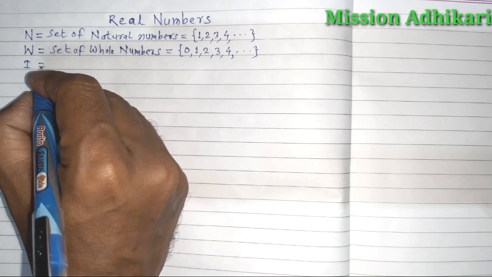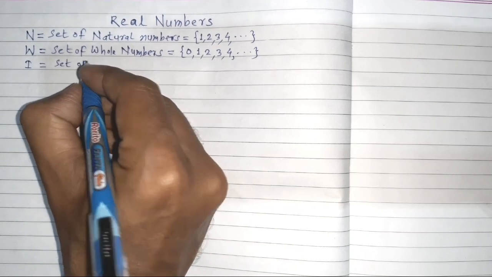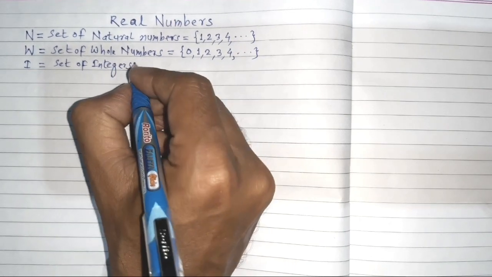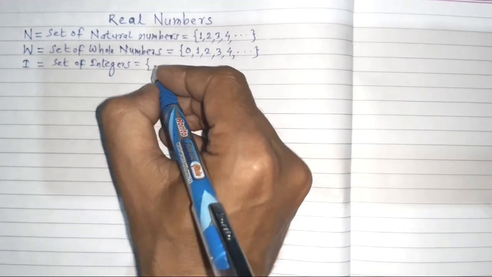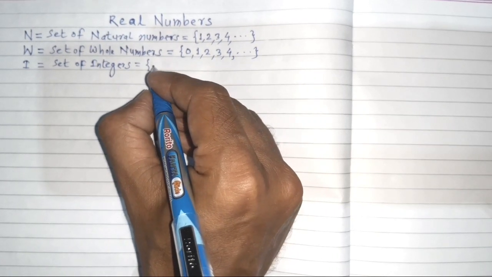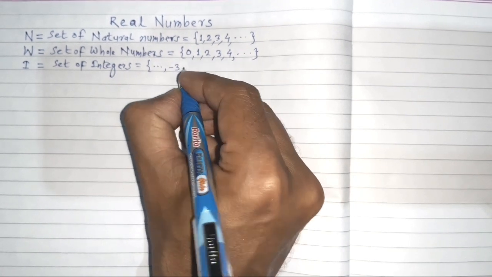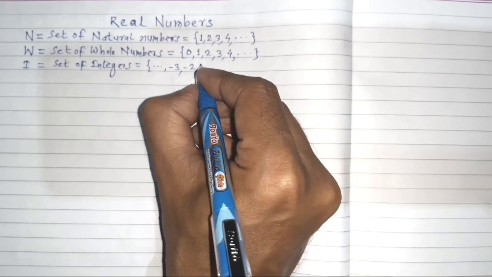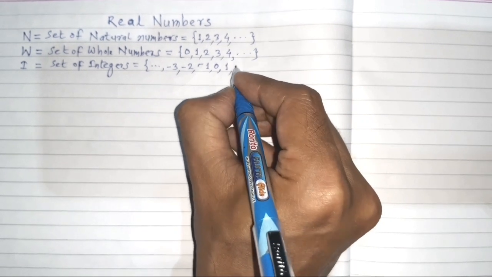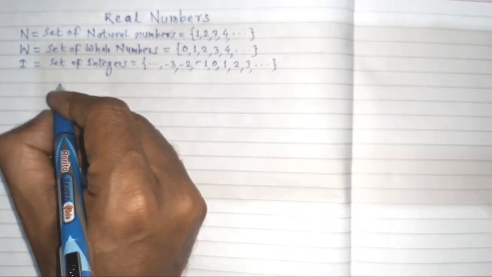We use capital I for the set of integers. You know negative integers as well as positive integers. So we write in curly brackets: negative 3, negative 2, negative 1, 0, 1, 2, 3 and so on.